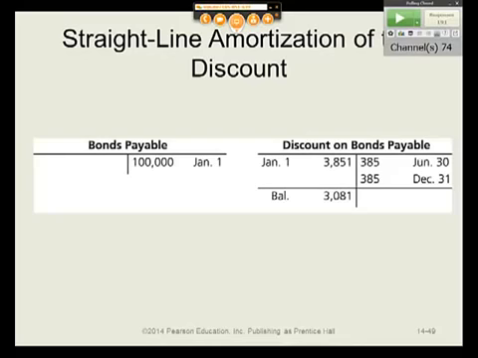If you're asked for the first year's interest, it's the sum. First of all, the cash interest is how much? $9,000, and the discount amortization is the sum of those 2 numbers. So you have to make sure you understand that this is a semi-annual bond.